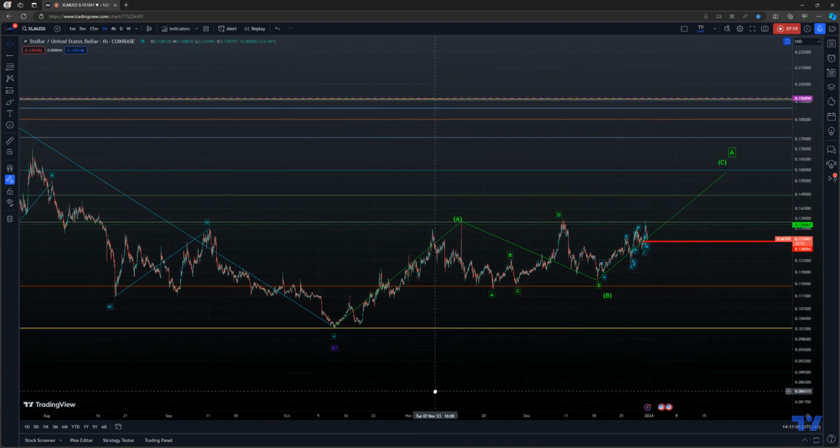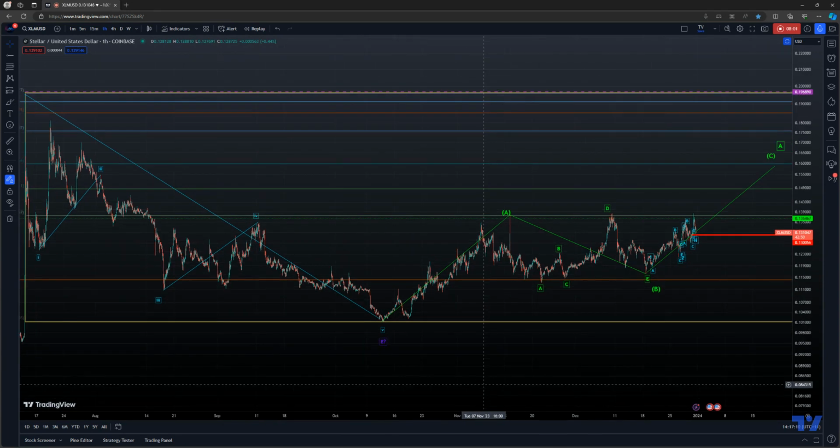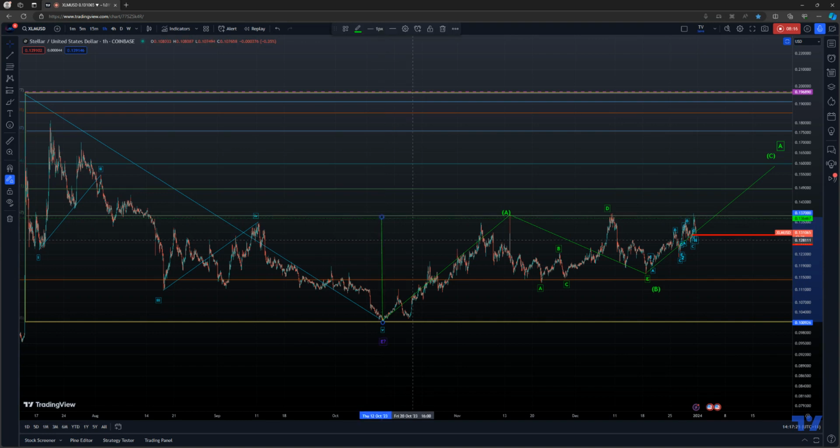Now, I suppose at the small degree, you could also argue the mini inverted head and shoulders pattern, and how high would that go if you measure the inverted head to roughly the neckline, right? From the end of that, you'd get something that doesn't go above the high anyway, right?